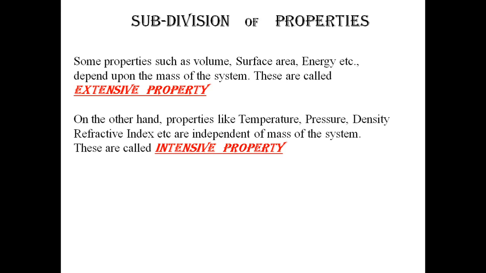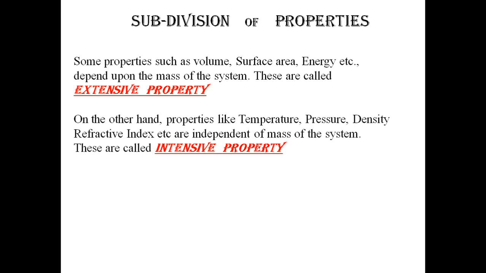Total energy content will increase. If you have 1 kg of coal, the energy you get by burning it will be 5 times less than the energy from burning 5 kg of coal. So energy is also an extensive property. Intensive properties like temperature, pressure, density, refractive index, etc. are all independent of the mass of the system.